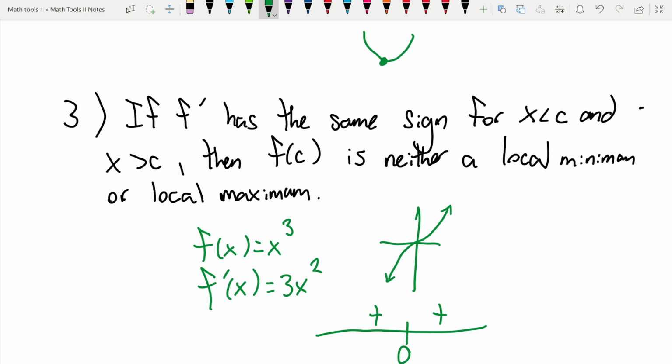So we can see that this third condition is satisfied for x cubed. So c equals 0 is a critical point of x cubed, but we need not have a local min or max. Now, it does kind of appear on the graph still. It'll kind of look like it's flattening out a little bit.